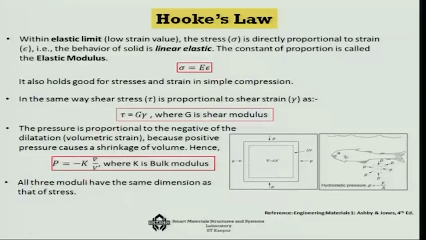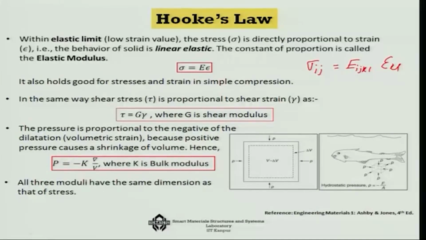Okay. So, in that case, if I consider the relationship to be a matrix relationship, that means sigma_ij equals, in that case, E_ijkl epsilon_kl. Okay. So, that is the most generic Hooke's law.